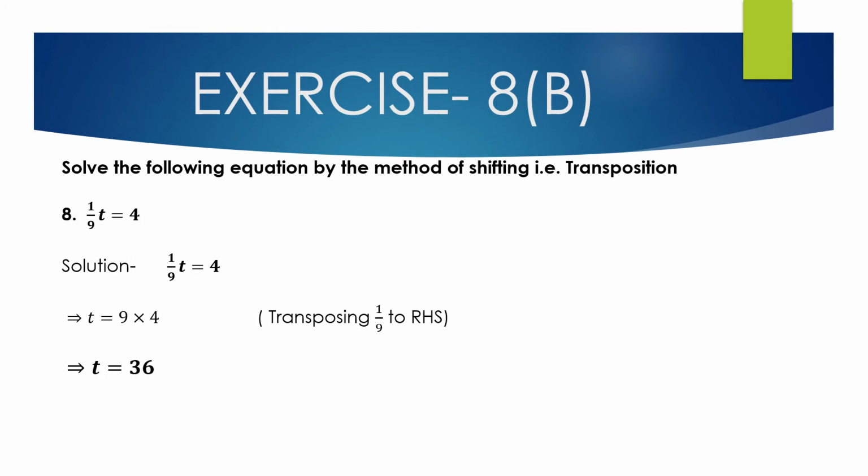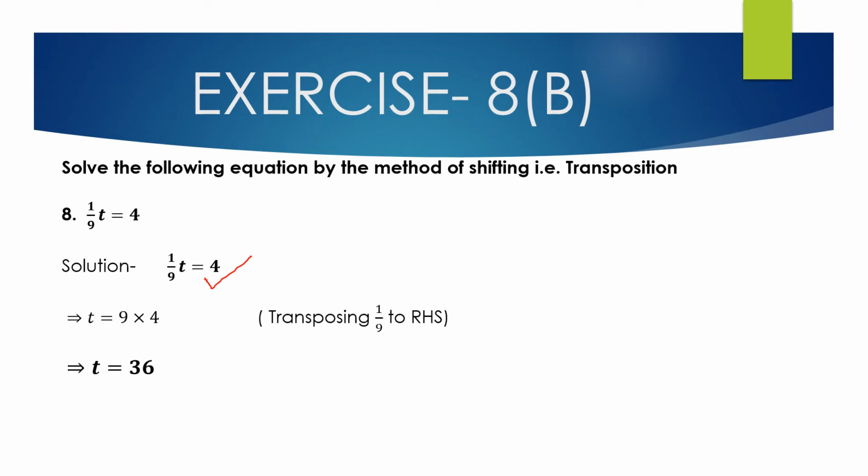Now we will solve question number 8. Question number 8 is 1 divided by 9 t equal to 4. This is the equation given and we will solve the value for the variable t using the method of shifting or method of transposition.